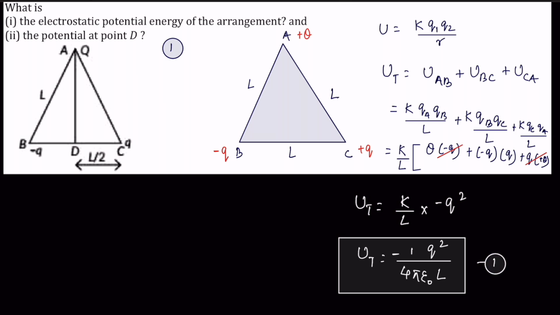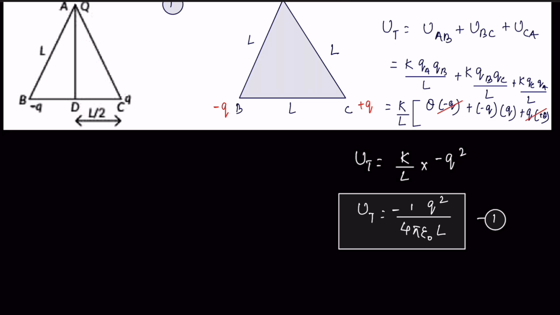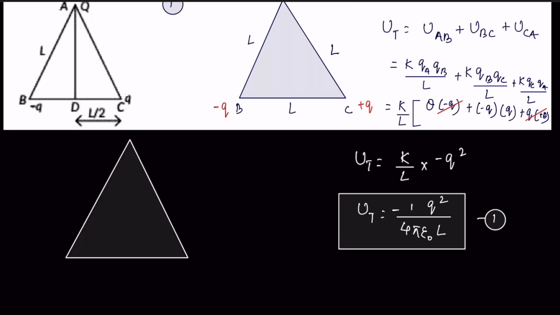In the second part of the question, we have to find the electric potential at the point D. So if we draw the figure, we already know that we have an equilateral triangle, and at this point we have D. This is A, B and C, with charges capital Q, minus q, plus q.